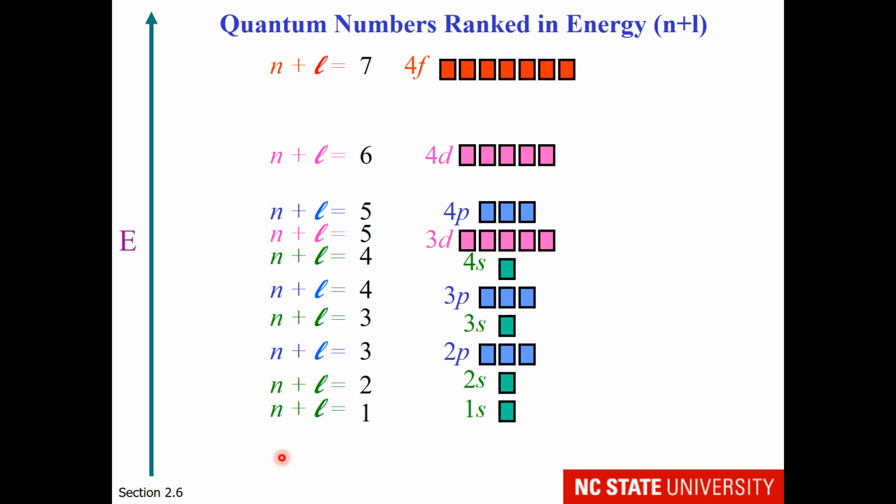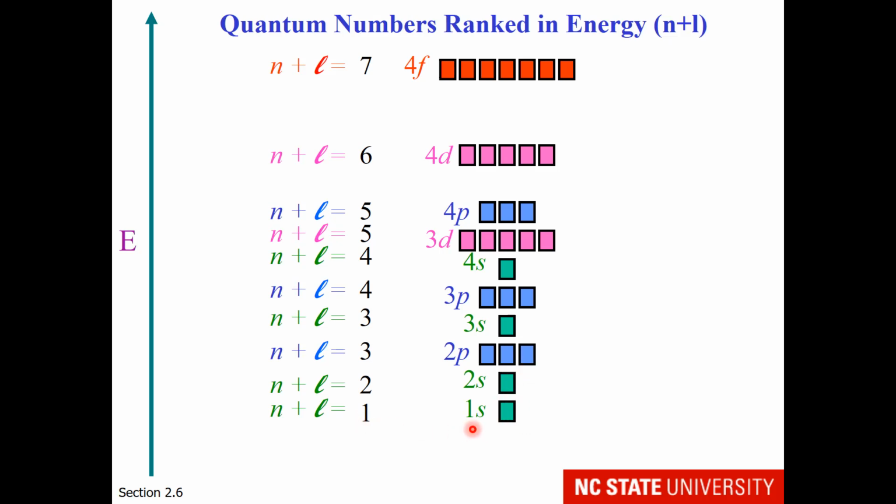Now I have these orbitals ranked on an energy scale away from the nucleus. So the nucleus is down here. And instead of trying to draw the different orbital shapes, we can simplify this by using just boxes.